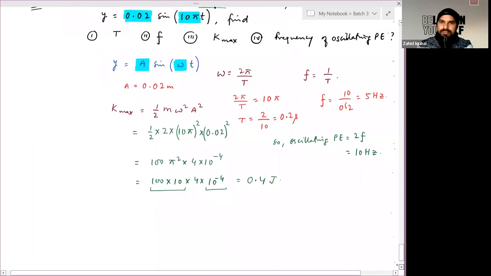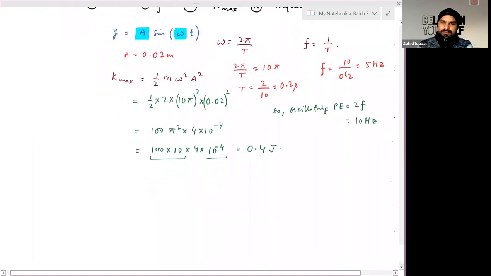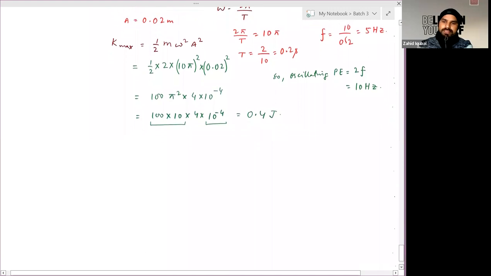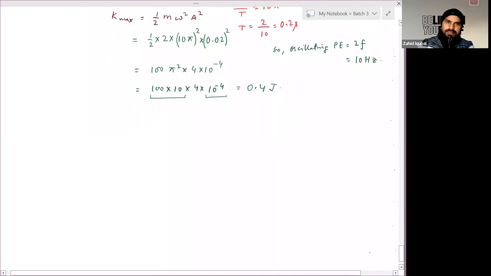Next, we have to plot the graph of these different variations, that is potential energy, kinetic energy, and total energy.